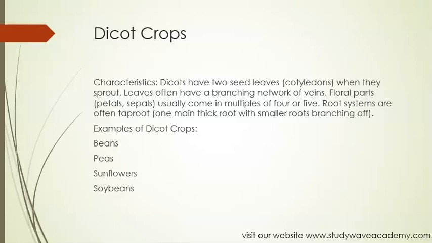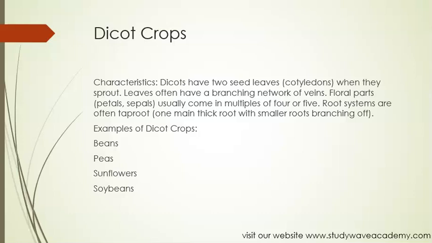Next, soybeans. Soybeans are used to make things like soy milk. They are also dicot crops, starting with two seed leaves. So these are examples of dicot crops. Do we understand that?